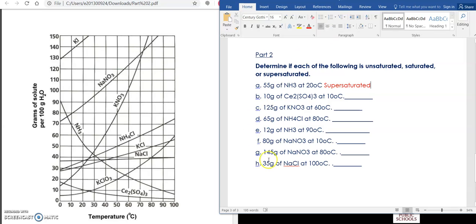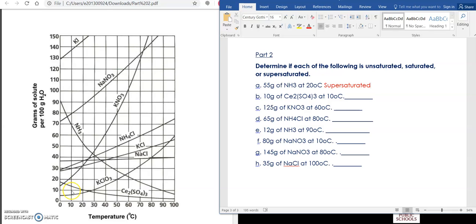Supersaturated. The next one says 10 grams of this long compound, Ce2SO4 at 10 degrees. So I need to find that long compound first, and it starts right here below 20 and goes down to almost 0. I need to go over to 10 degrees and trace up to my line. So I know I'm at 10 degrees here, and it says 10 grams.